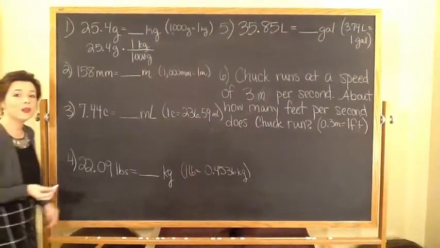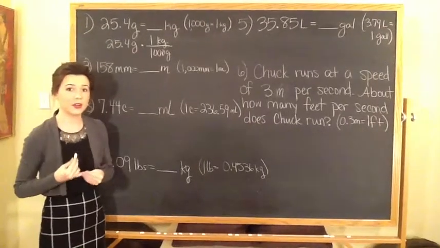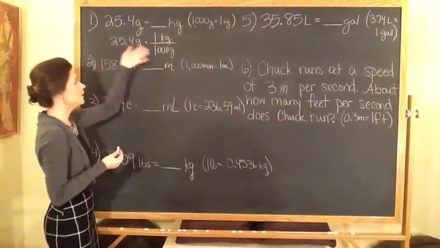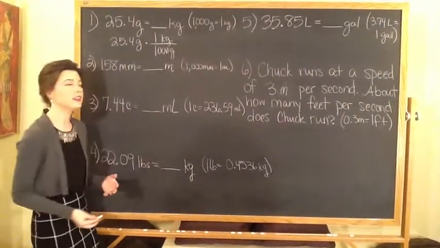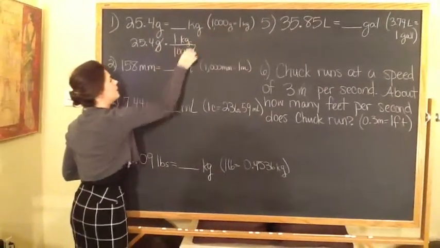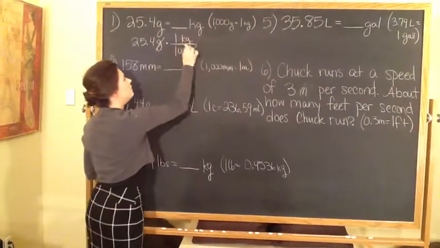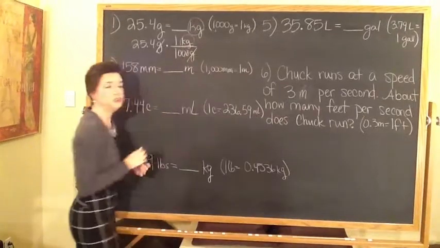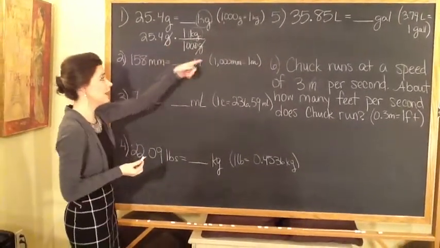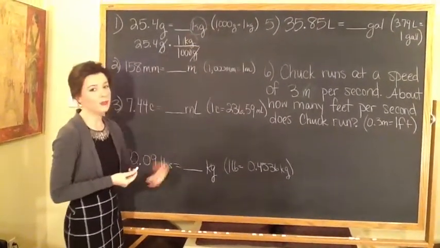Now, the way you can check that you set up your equation correctly, so that you're dividing instead of multiplying, is to check whether you can cancel out your units and you're left with the unit they want you to solve for. In this case, our grams cancel out and we're left with kilograms.